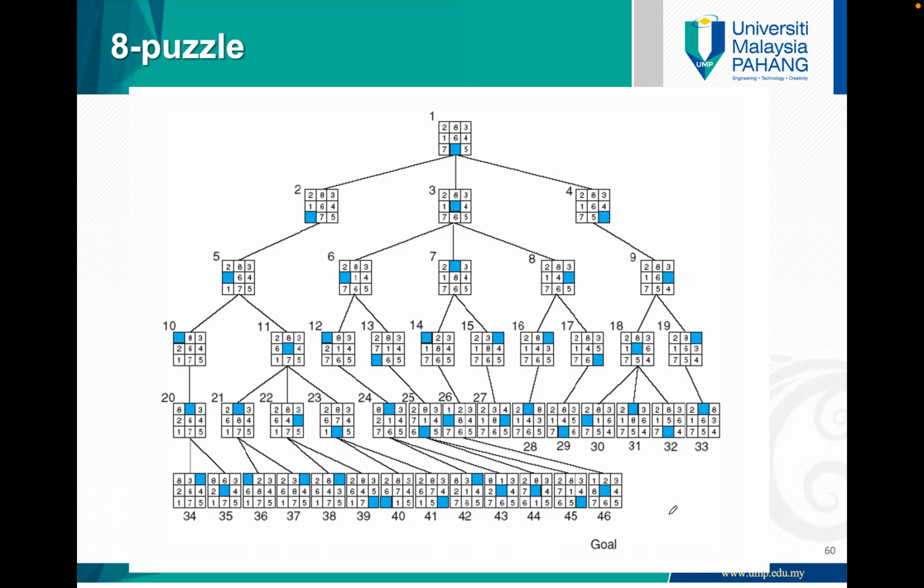This example is not complete. If you draw the tree from Arad to Bucharest, the deepest path goes from Arad to Timisoara, Lugoj, Mehadia, Drobeta, Craiova, Pitesti, and Bucharest.